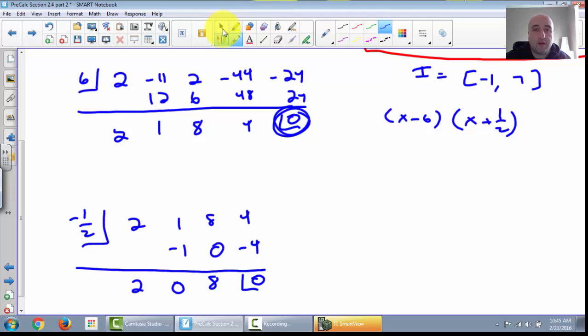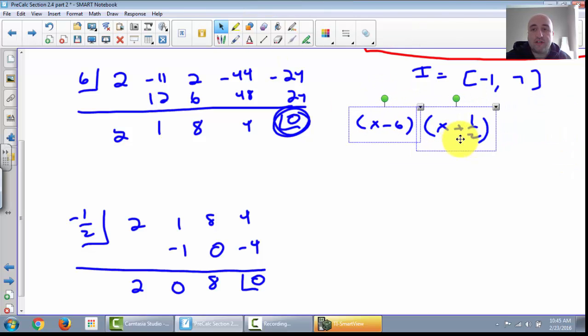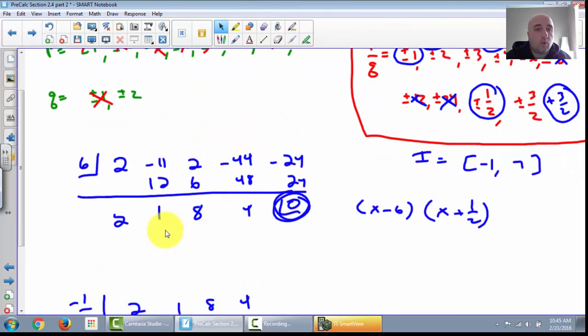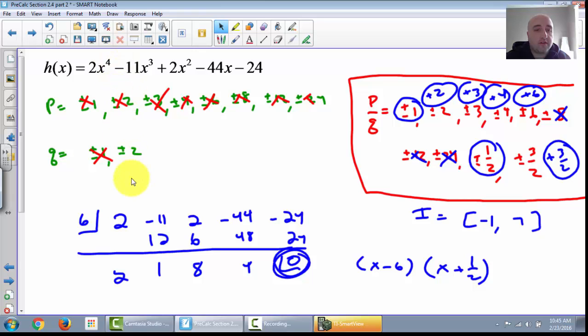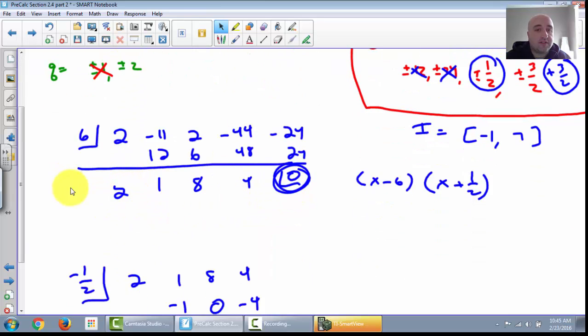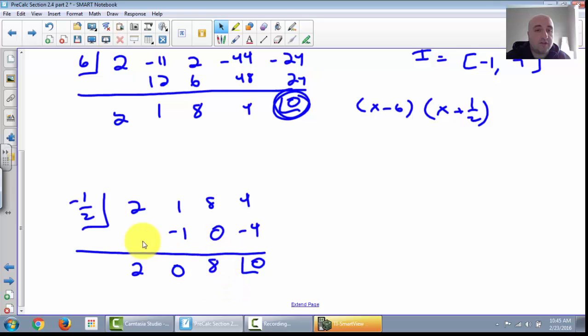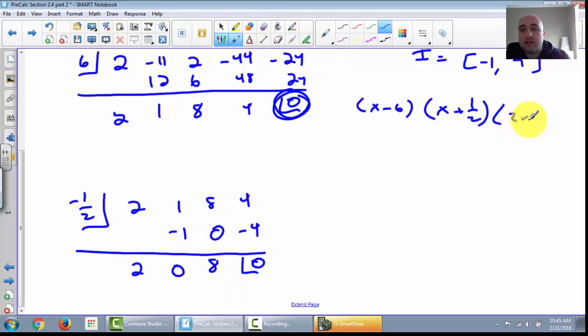And what else have we done now? What else this has helped us do is we started with an x to the fourth. The first 0 brought us down to an x cubed, and the second 0 brought us down to an x squared. So now what we have left over is 2x squared plus 8, because this is 0x. Now we can use the rest of this to get the rest of our zeros.